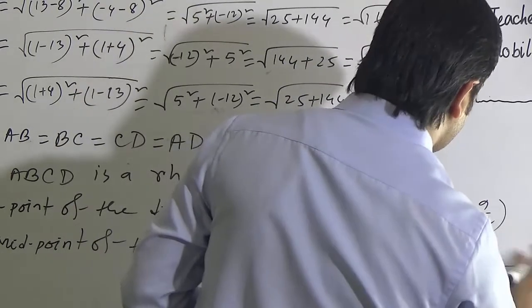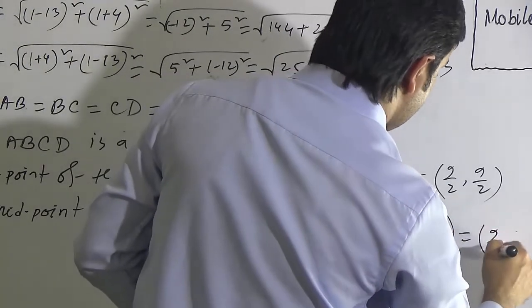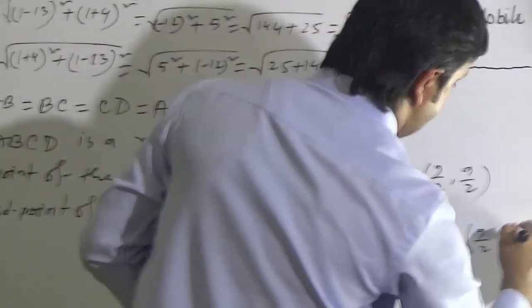That means we will get here 13 minus 4, which is 9 by 2. Here it is also 9 by 2.